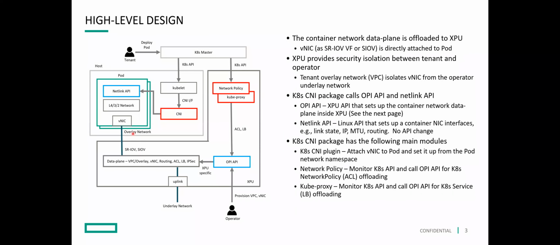So this is the proposed high-level design for Kubernetes CNI, enabling the XPU offloading. Again, this gray box represents the host as a Kubernetes worker node, which is connected to the XPU with this L-shaped black box.